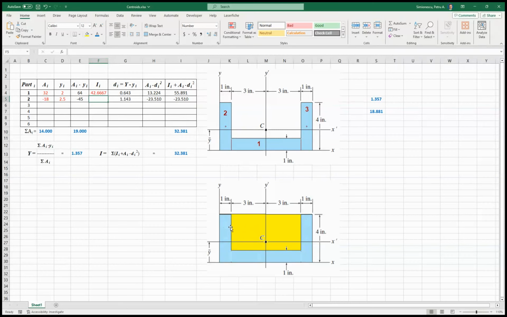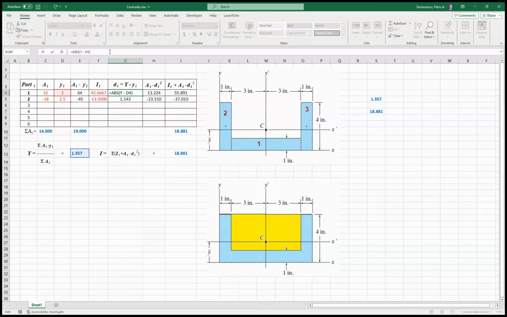Then the yellow rectangle centroidal moment of inertia is 1 over 12 times 3 plus 3, and then times 4 minus 1, the 3 to the power 3. Next, we calculate the distances. Oh, by the way, this has to be negative. All right, and we've got the same answer as expected.